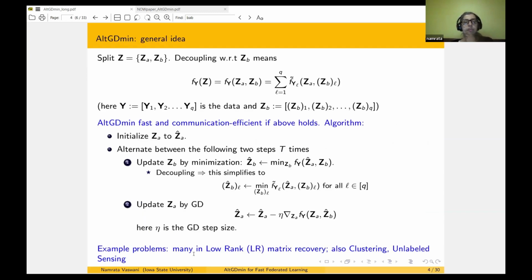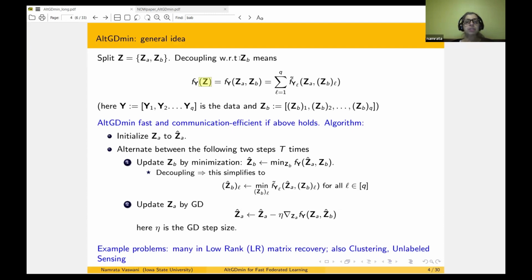Okay, so here's the same idea in a little more detail. You have to minimize over Z. You're letting your Z be split into two pieces, ZA and ZB. It could be two different matrices, or one could be a discrete variable, the other a real valued variable.